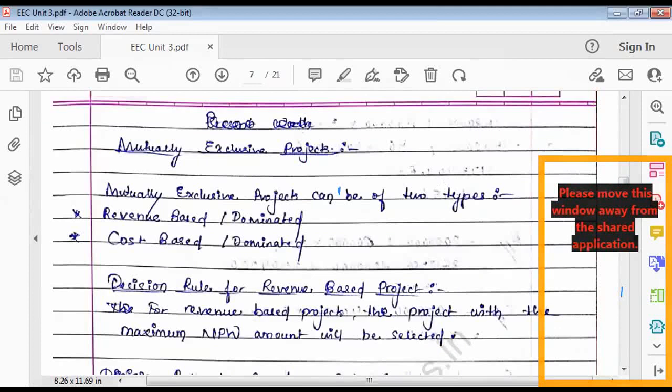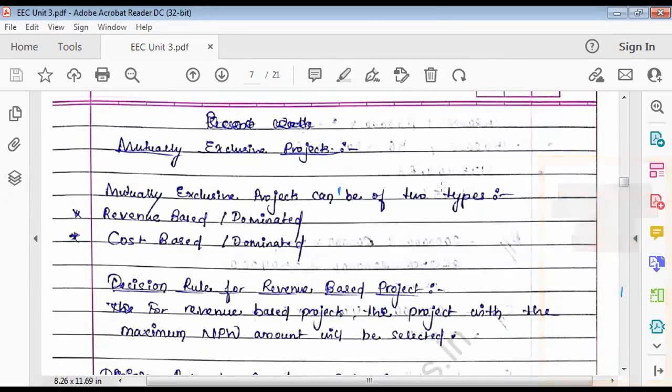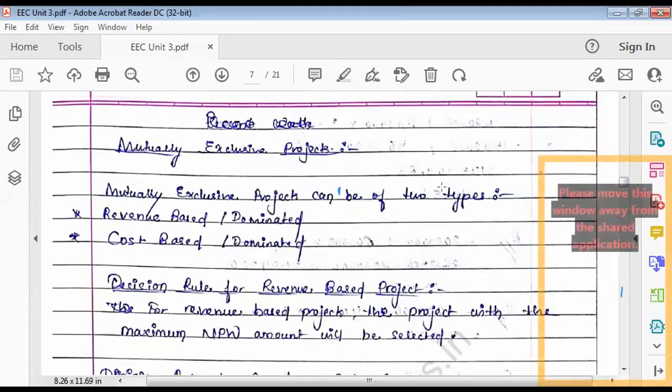Mutually exclusive projects. Let me tell you from the outset, now we are going to deal with questions that would involve more than one project. That means you're not going to get the kind of questions we just solved, but rather different types. You will be getting questions that have more than one project: 2 projects, 3 projects, 4 projects.